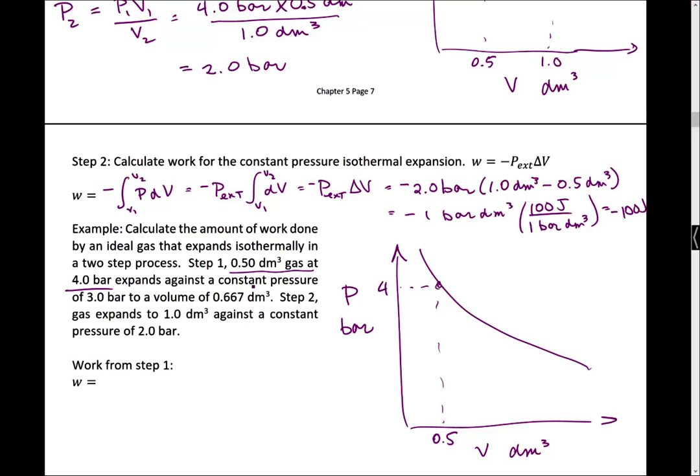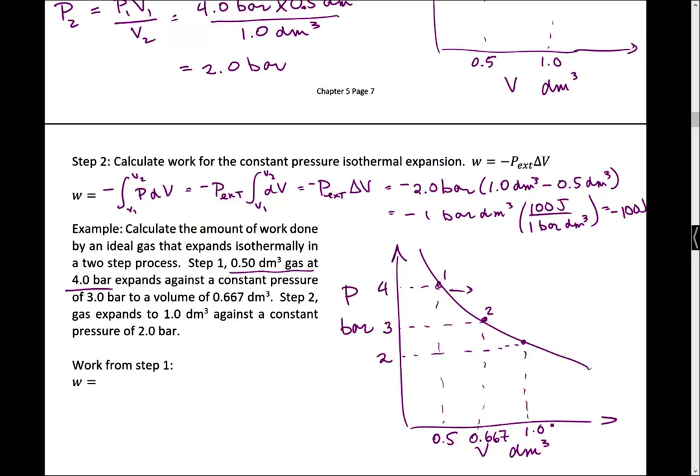We're going to be expanding against a constant pressure of 3 bar. And that will get me to 0.667 decimeters cubed. So there's step 1, there's step 2. We're going in this direction. And then step 3, we're going to be expanding against a pressure of 2 bar to get us to a final volume of 1 decimeter cubed.